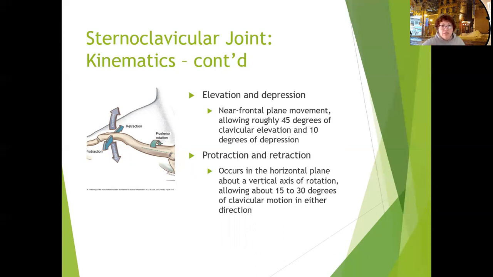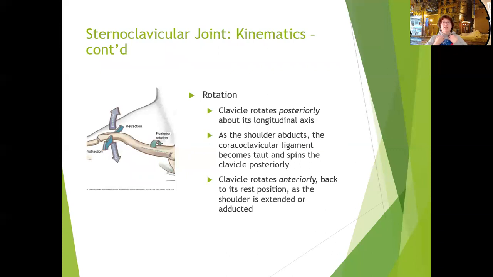Pretty neat, right? Rotation: the clavicle rotates posteriorly about its longitudinal axis. I don't have a clavicle with me, but I'm going to substitute with a radius because it's sort of similar. So it rotates posteriorly when you elevate your arm.